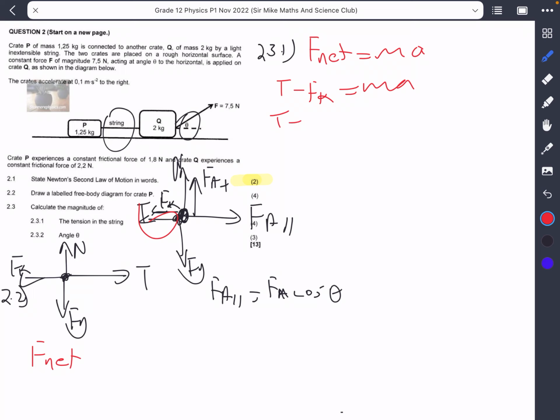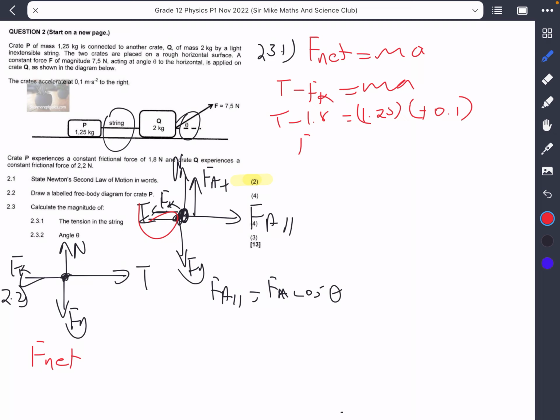So this would be T minus 1.8, which is equals to the mass, 1.25, multiplied by the acceleration. They say that's 0.1, but we must also include the direction of that acceleration, so it would be plus 0.1. All right.